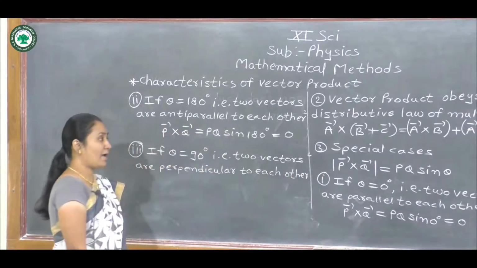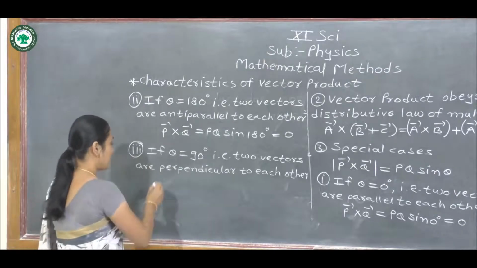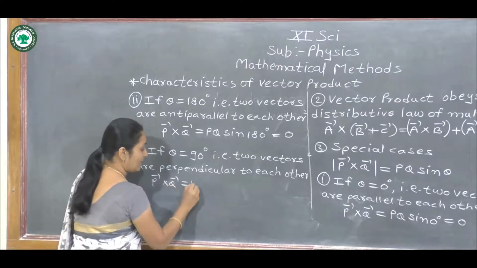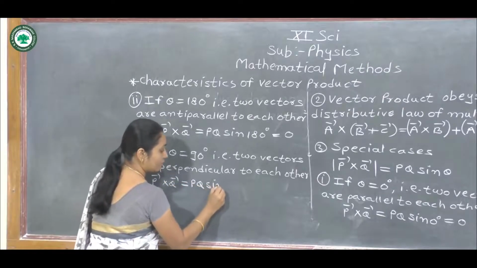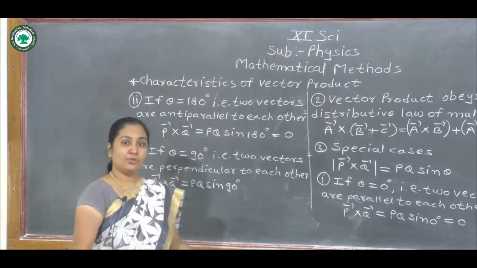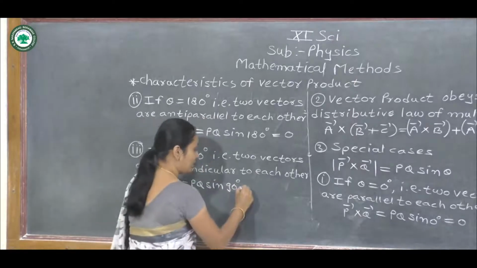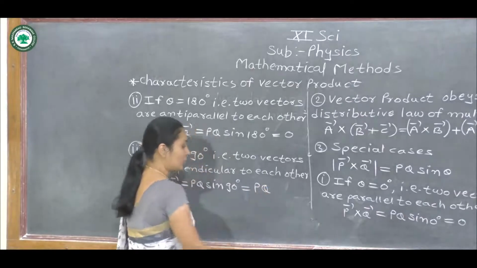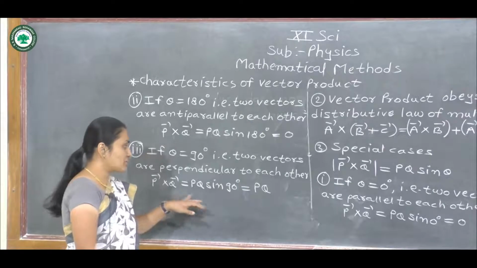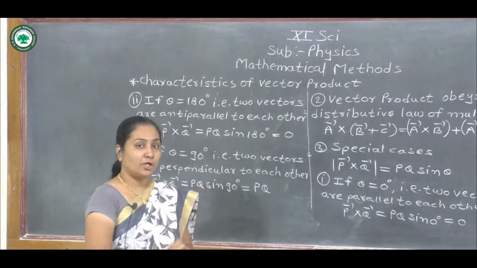In this case, P bar cross Q bar is equal to PQ sin 90 degree, and we know that sin 90 degree is 1. So P bar cross Q bar is equal to PQ when two vectors are perpendicular to each other.